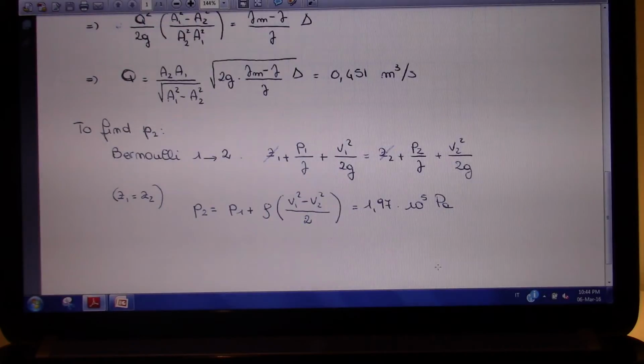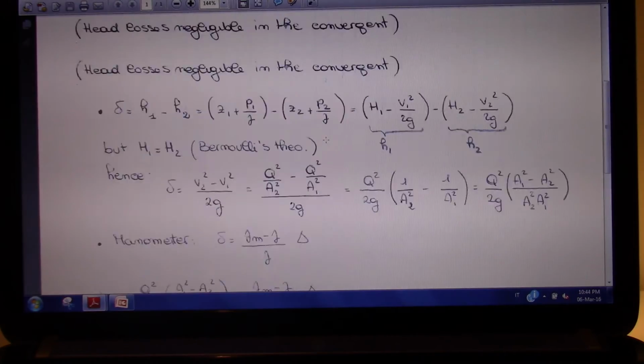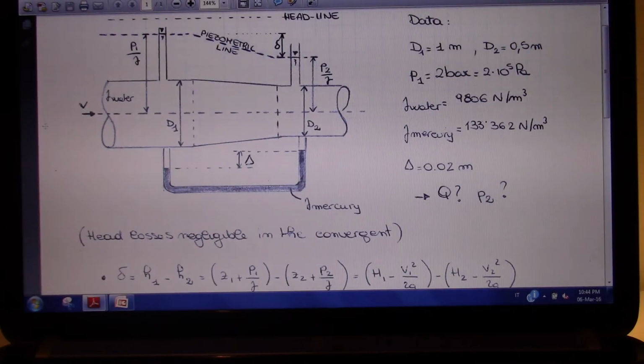So basically, if you just make some computation, you obtain that your pressure is 1.97 times 10 to the power of 5 Pascal, or 1.97 bar, which again demonstrates that your pressure from 2 bar is decreasing because your velocity right here is increasing.